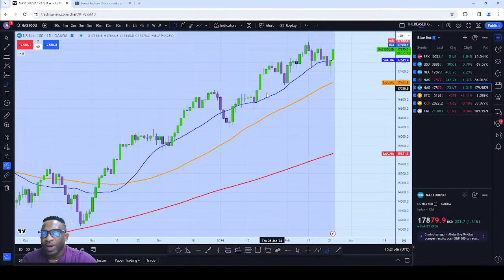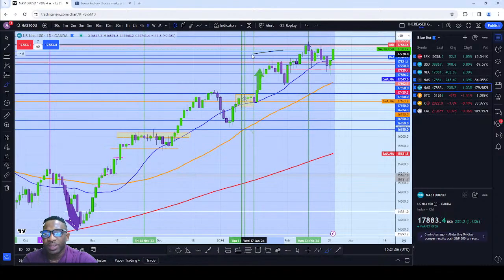Price from this narrow state on the daily time frame went all the way to this wide state, and then as we learned earlier on, when price is in the wide state, it loves to come back to the narrow states to gather some momentum, to gather some power, to push up and make new highs if it is on an uptrend.